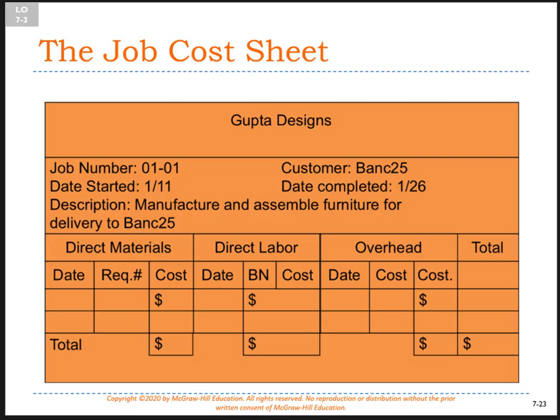You can see a list of the direct materials requisitions. You can see all the detail of the various employees and their time cards that worked on it, and then your allocation of overhead, especially if you did it multiple times. If you did it each month, maybe this was a project that lasted 2 or 3 or 4 months, then you may have overhead allocated multiple times.